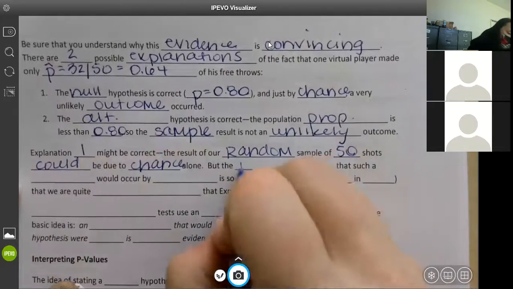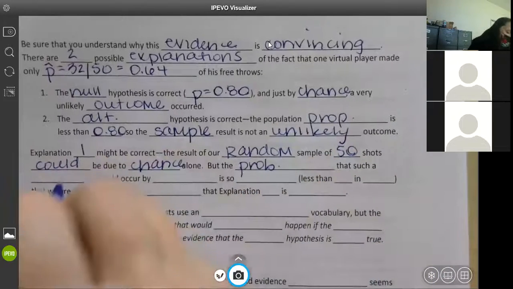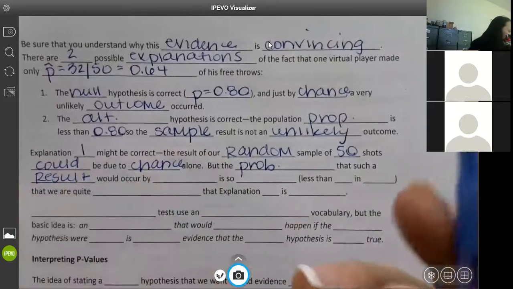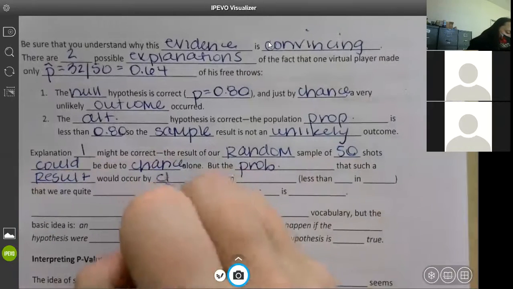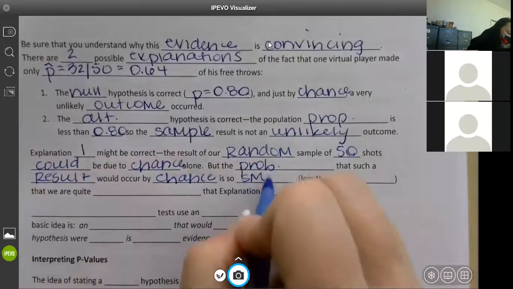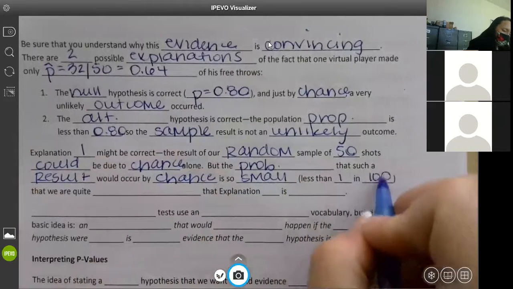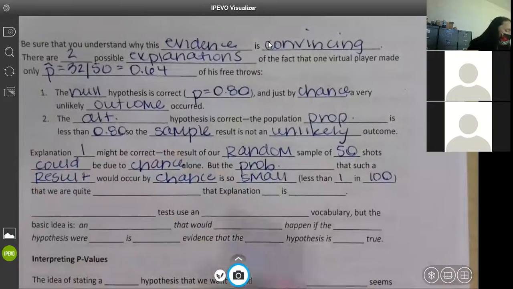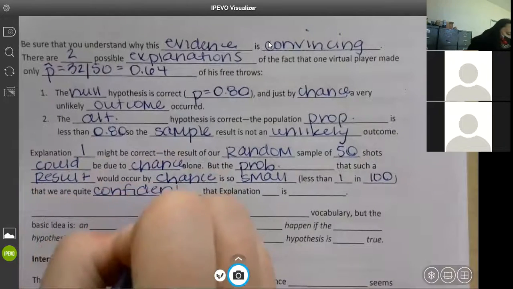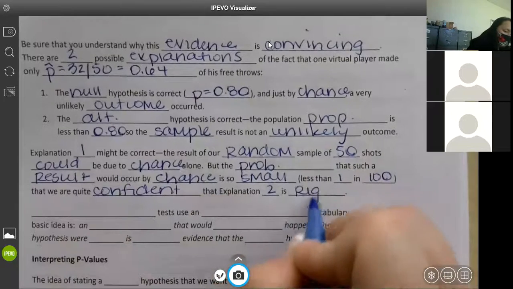But the probability that such a result would occur by chance is so small, less than 1 in 100, that we are quite confident that explanation 2 is right.